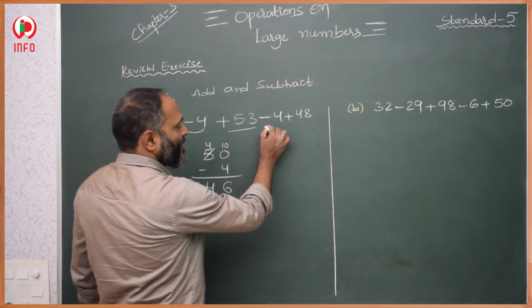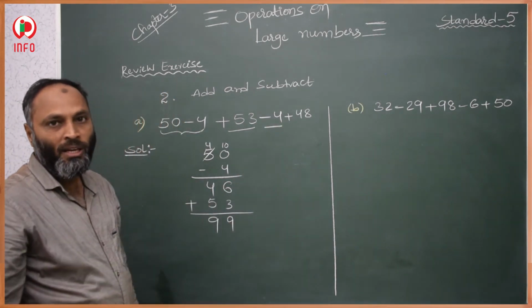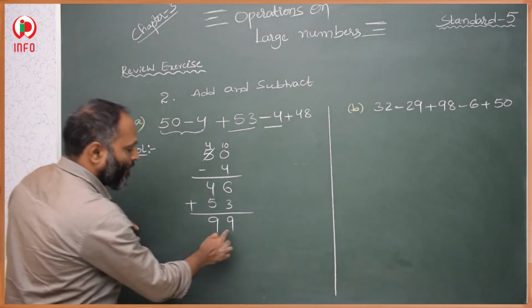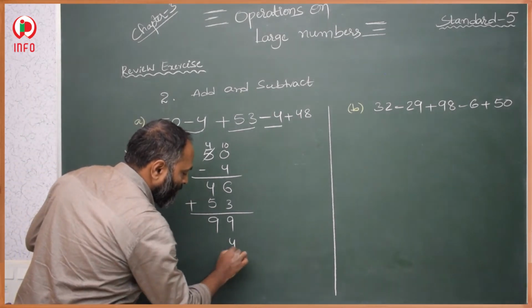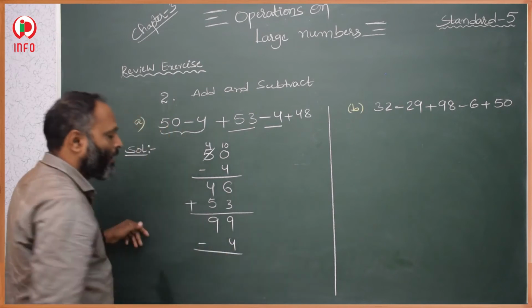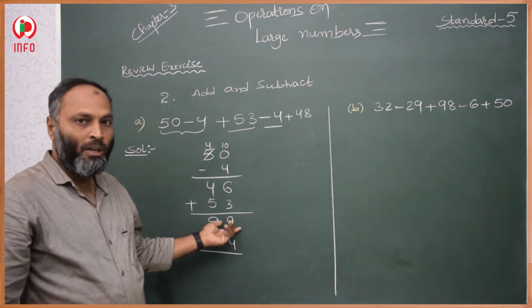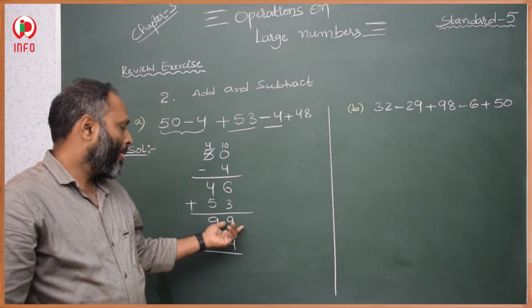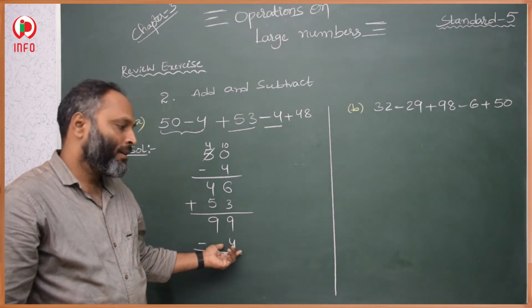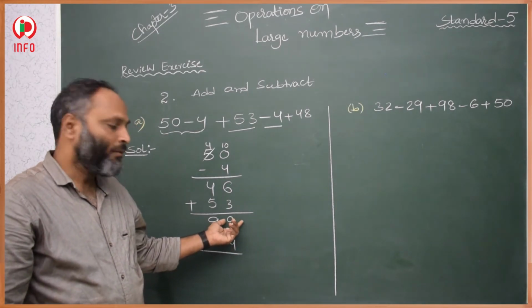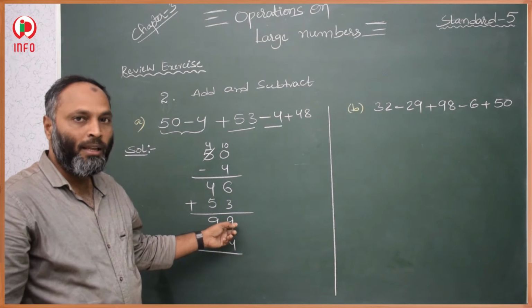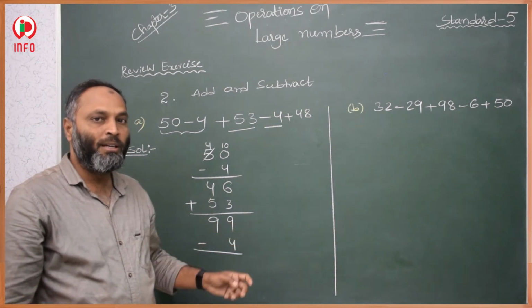After that, minus 4. From 99, again minus 4. This is the minuend, this is the subtrahend. The minuend is bigger than the subtrahend, then no problem, we subtract. Then 9 minus 4.